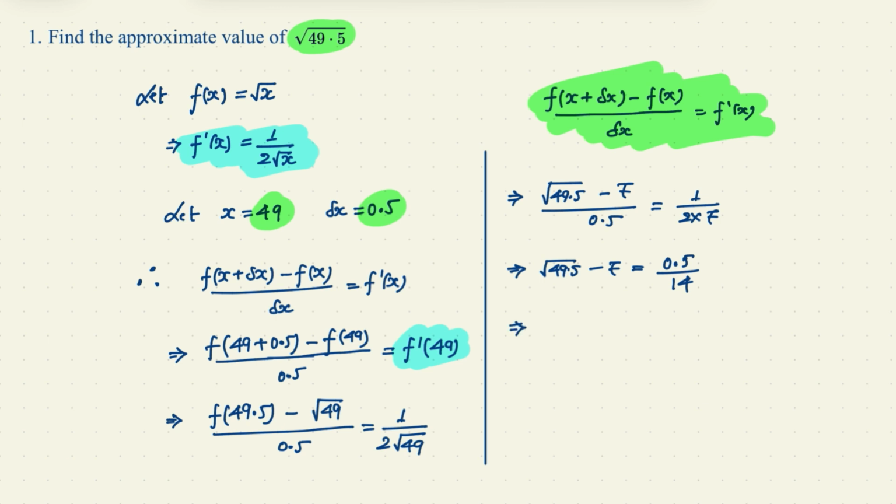So this implies the square root of 49.5 equals 5 by 10 into 14 plus 7.